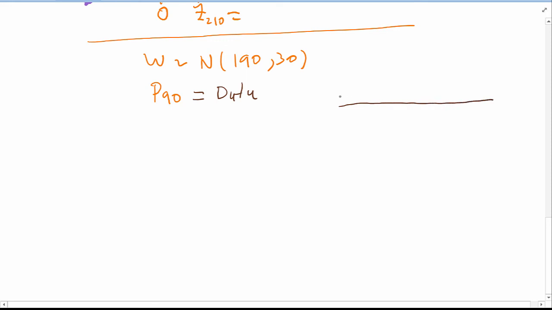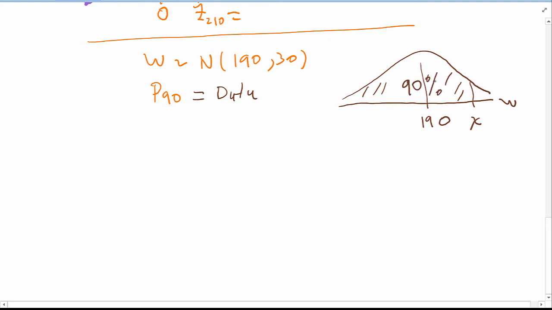So these are the male weights that are normally distributed, right? Again, the mean is 190. Now what we're looking for is what is the weight. Let's look at X, so that 90% of the males are below that weight. So that means that this area, this percentage of values, is going to be 90%.